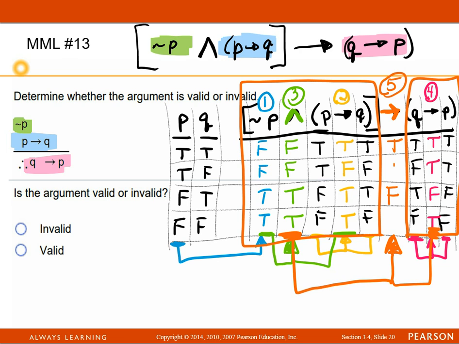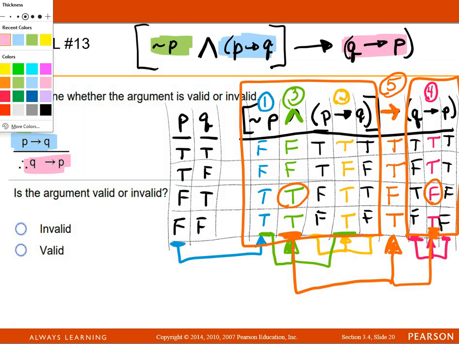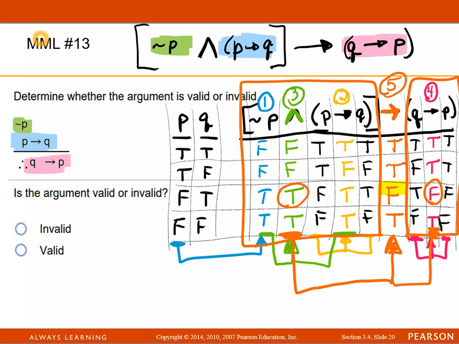If false then true is true. But if true then false, right here, that's a false. If true then true is true. So because you have just one F in here, that is enough to say that it is invalid. And that's 13.